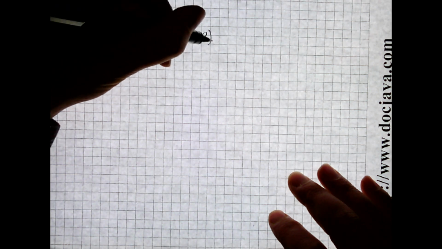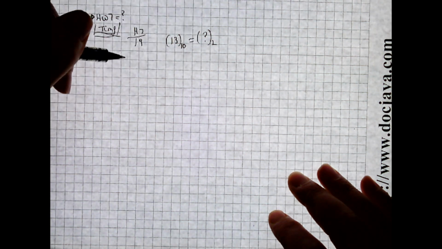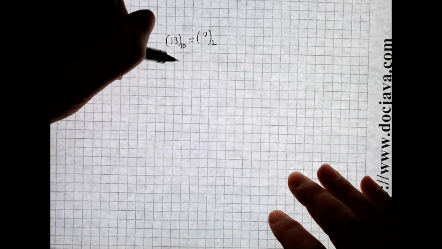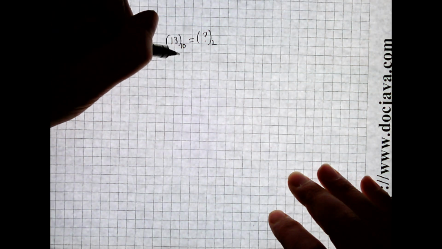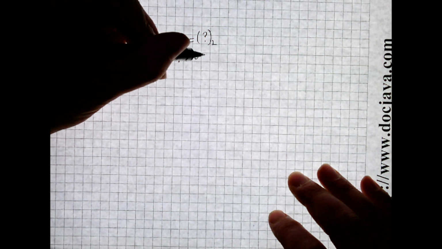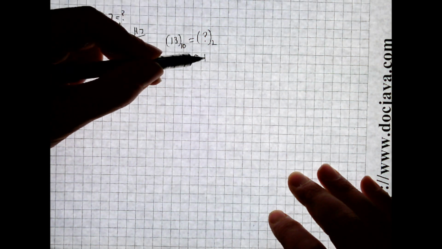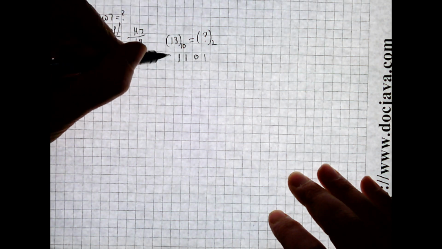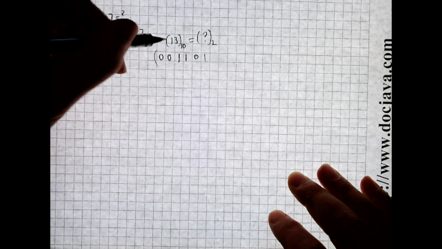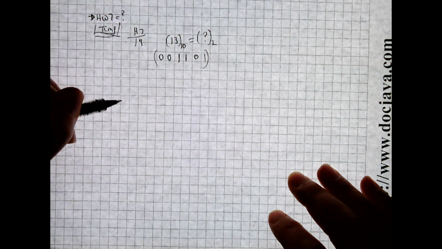We have 13 base 10 equals what number in base 2, using 6-bit 2's complement representation? So this is 13, 1, 1, 0, 1. 6 bits means 1, 2, 3, 4, 5, 6. And that is a correct answer.